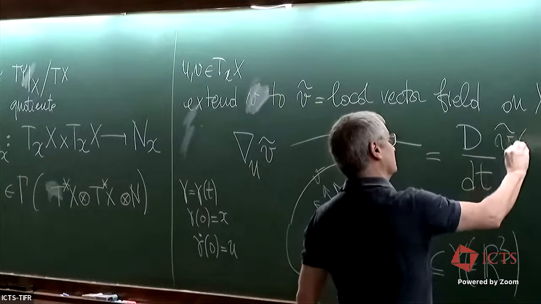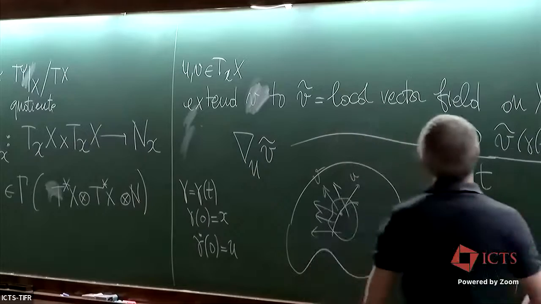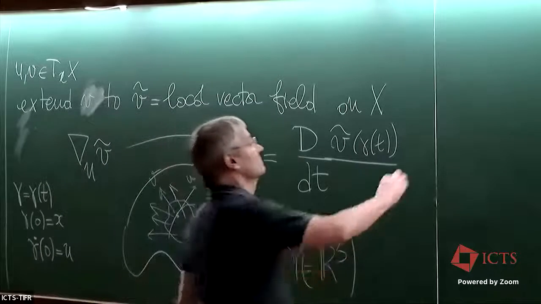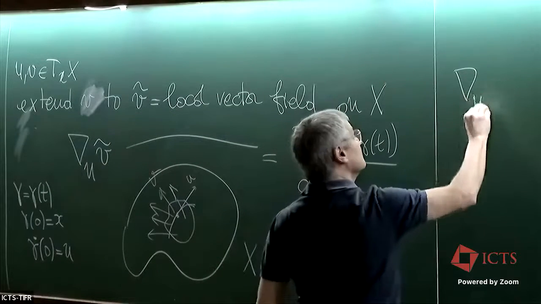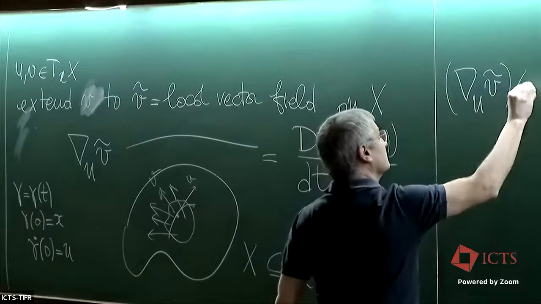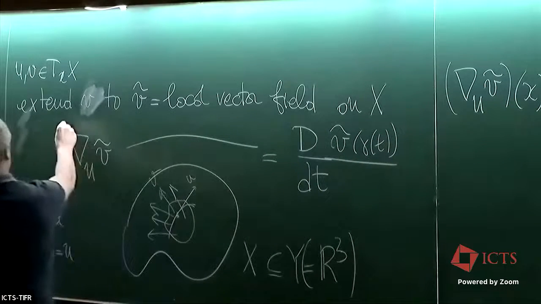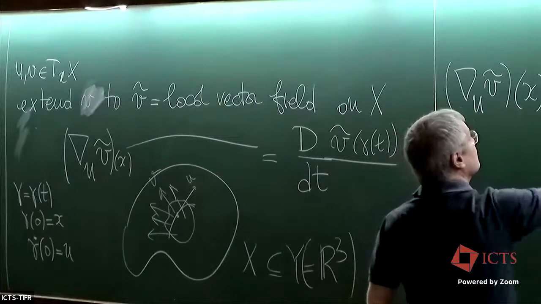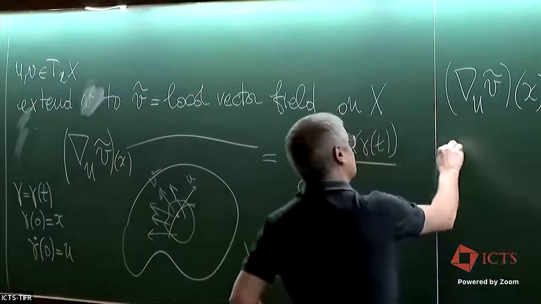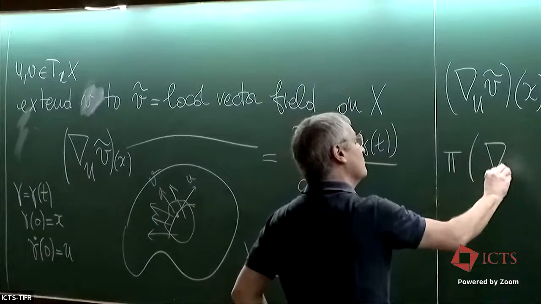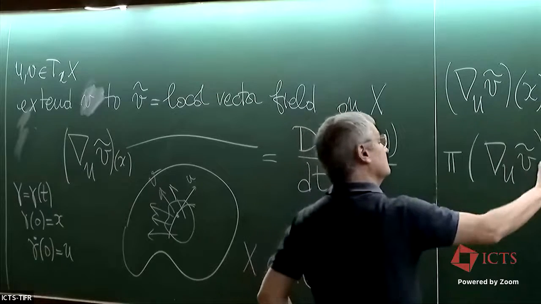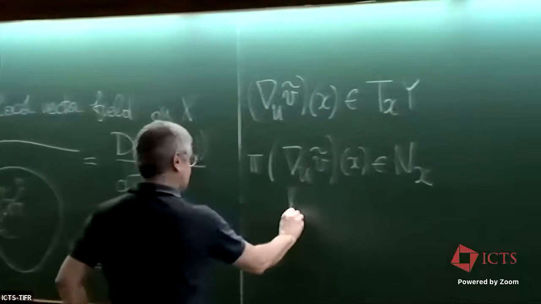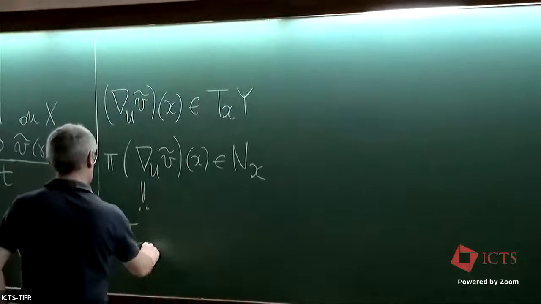This in general will be a vector in the whole manifold. And then we project to the normal component. And this is exactly the definition of the second fundamental form.